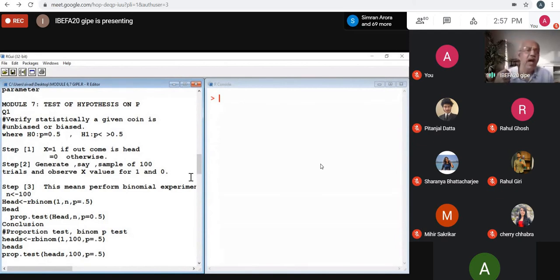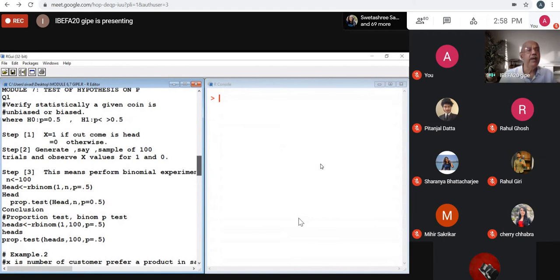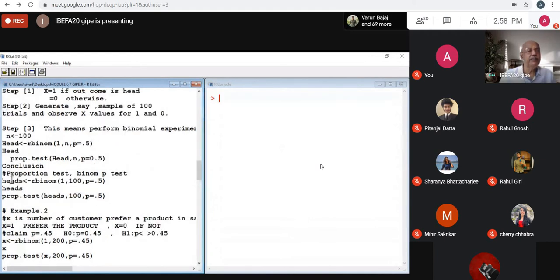Who does it in R? rbinom. Remember? Yes, sir, rbinom creates it, because coin tossing is a binomial experiment. So using rbinom, I will toss the coin 100 times.